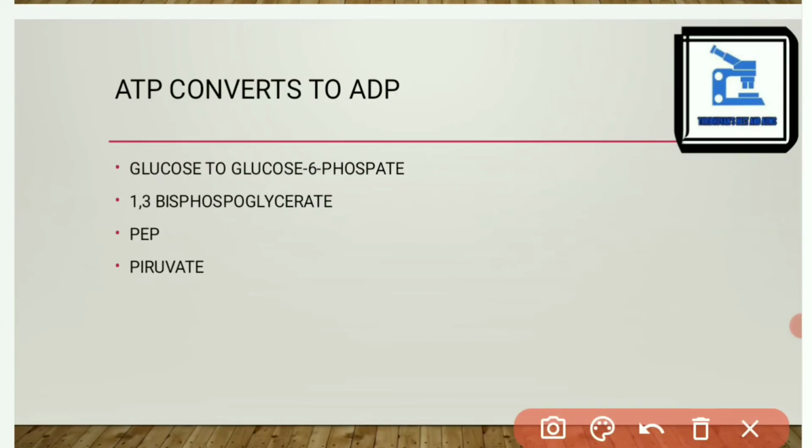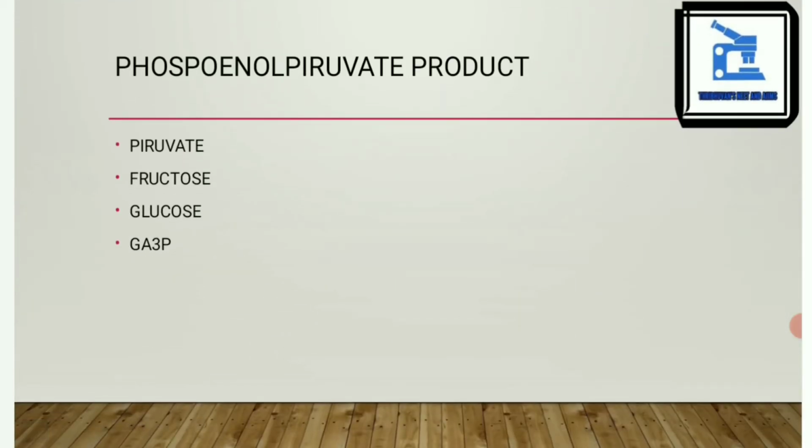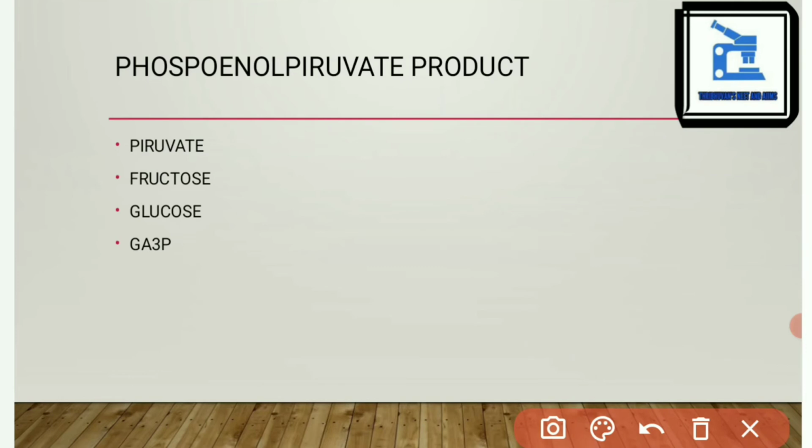And the next numerical is, I told you now, the answer is glucose to glucose 6-phosphate. Phosphoenol pyruvate's product is pyruvate. Phosphoenol pyruvate to pyruvate: this is the substrate, this is the product.